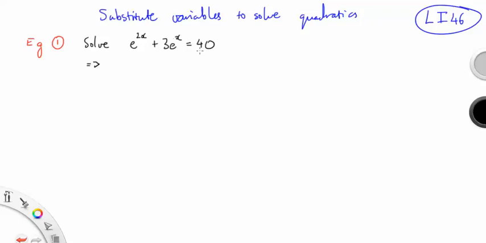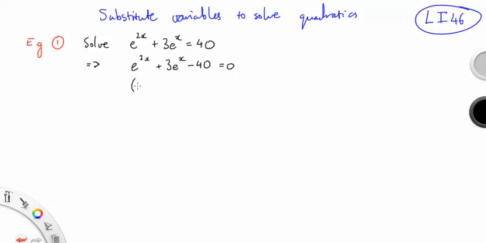Let's transpose the equation and make it look like a quadratic. So the first thing I'm going to do is get everything on one side. So I've got e to the 2x plus 3e to the x minus 40 equals 0. And the next thing is to rewrite this part.